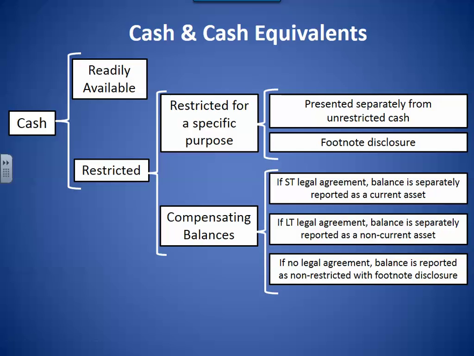If that's the case, that amount has to be presented separately from unrestricted cash, and we also have to have a footnote disclosure. And typically, if it's a long-term sinking fund, we're going to classify that not as a current asset but as a long-term asset on the balance sheet.